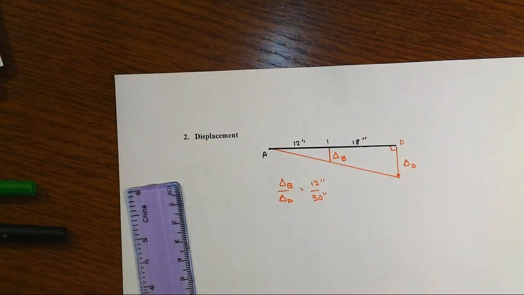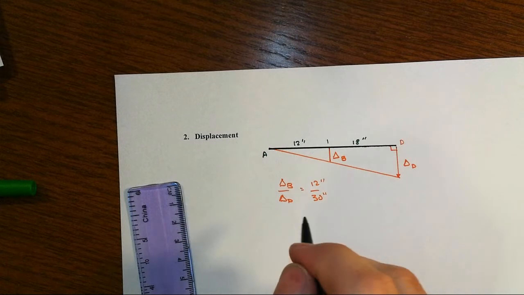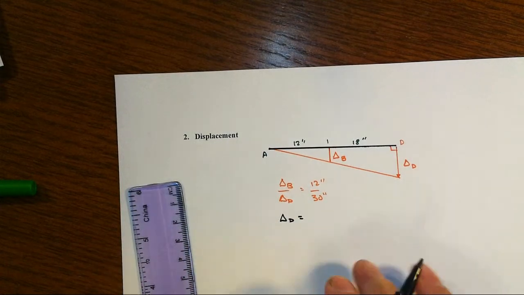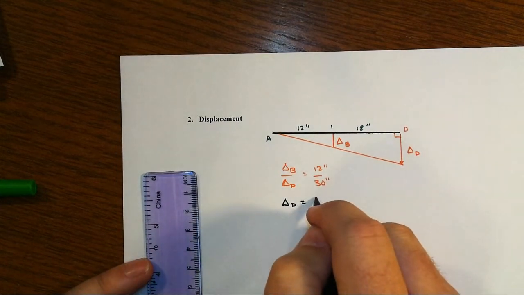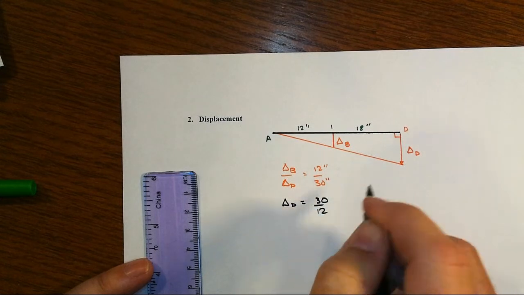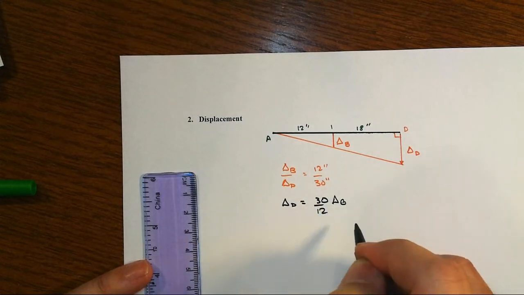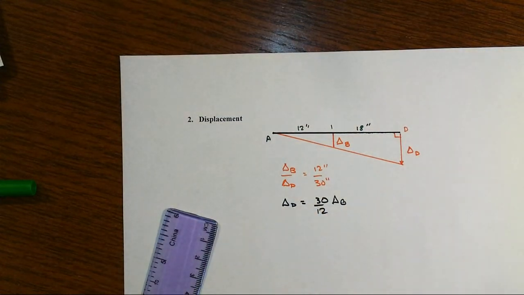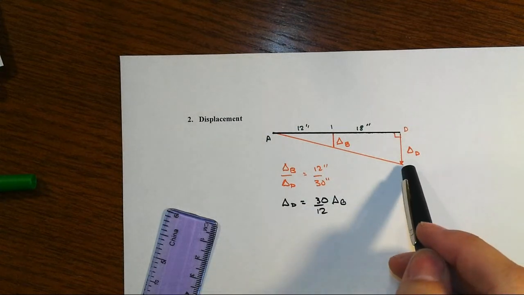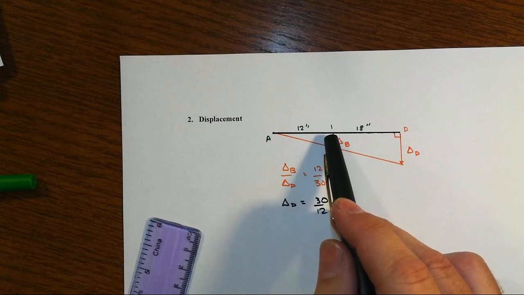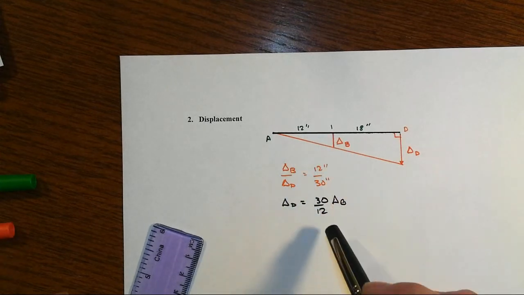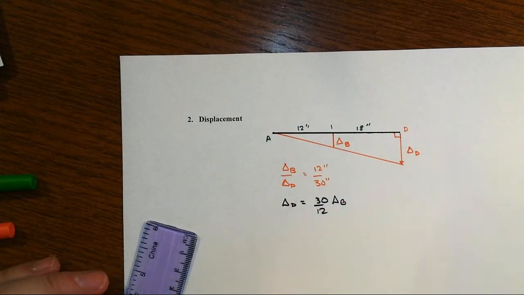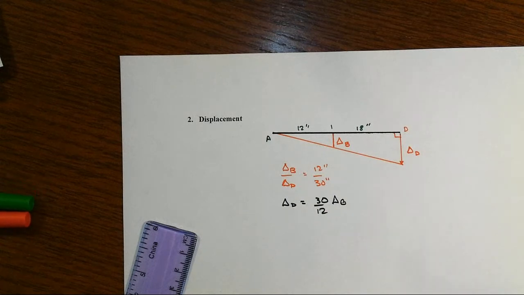And so now, since we want delta D, then delta D is 30 over 12 times delta B. Note, this is the exact opposite of what happened with those forces. The force out here at D was smaller than the force at B because of the equilibrium, but now the displacements are reversed in their ratio.